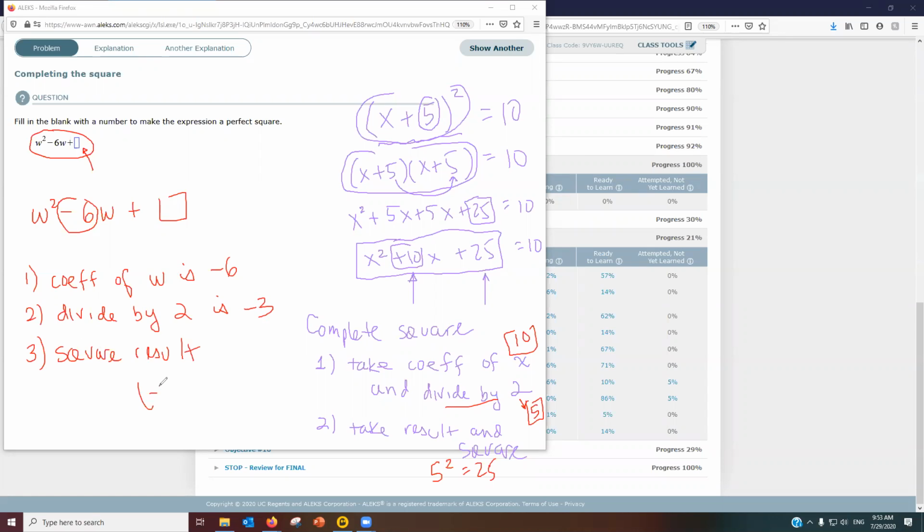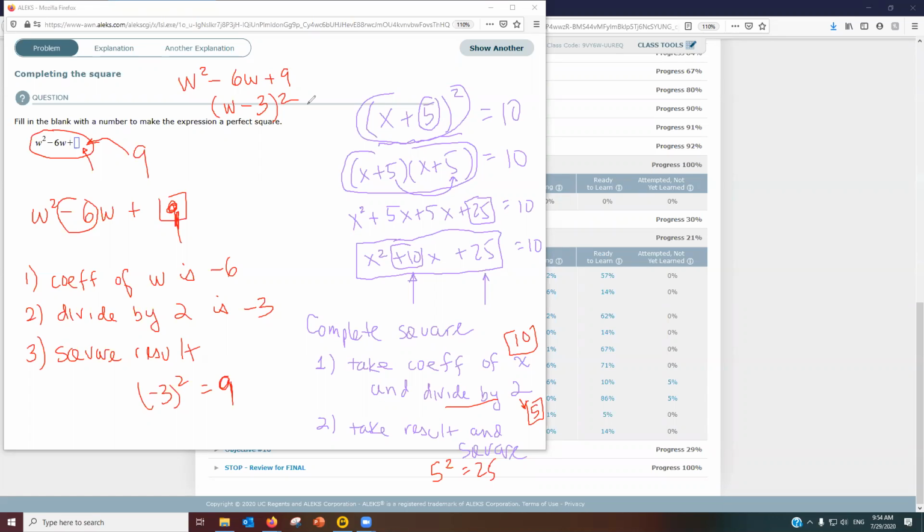Well, -3 squared is 9. So the number they want me to put in this box is a 9. Because by putting a 9 in this box, I would end up with this kind of a squared quantity. w squared minus 6w plus 9 is really the same as w minus 3 squared.